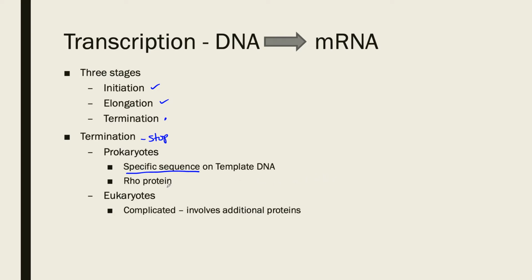There's also a protein called Rho that can cause the termination of transcription in bacterial cells. In eukaryotes, this is more complicated, and what we just need to understand is there are additional proteins that can signal to RNA polymerase that you're finished, it's time to stop and release that mRNA transcript.